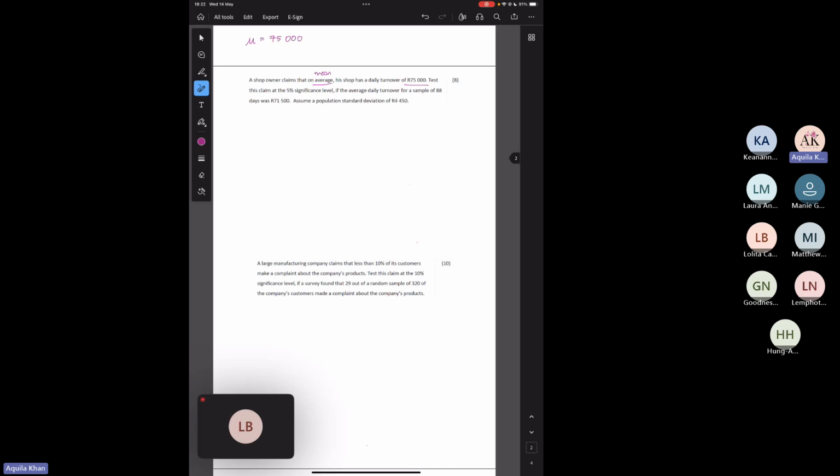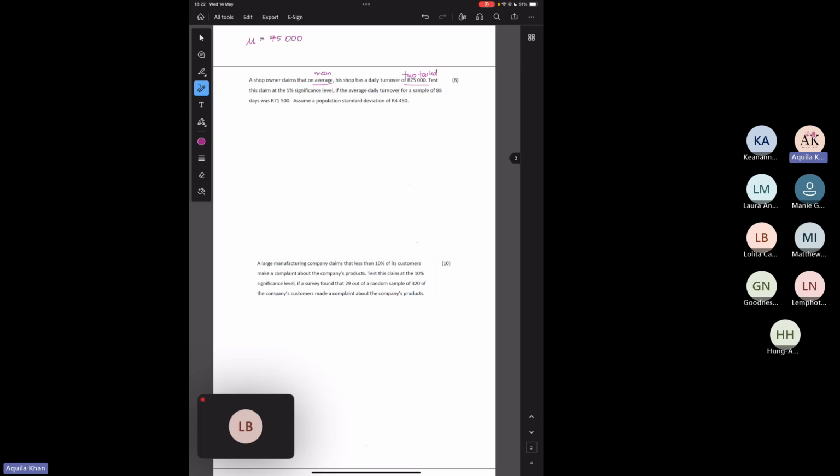Whenever they just say one value and they don't use the words more than, less than, at least, at most, greater than, and so on, as long as none of those words are included, it indicates to you that it is a two-tailed test. So immediately from that, we know that it's two-tailed.